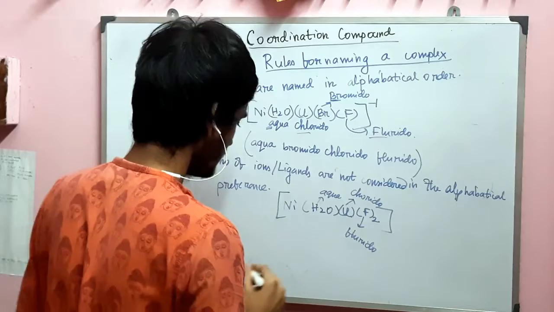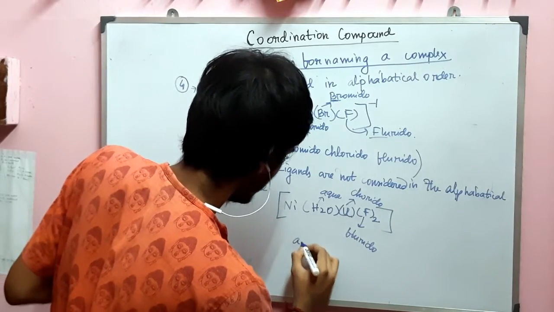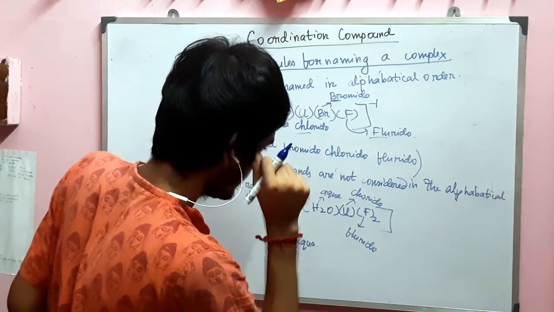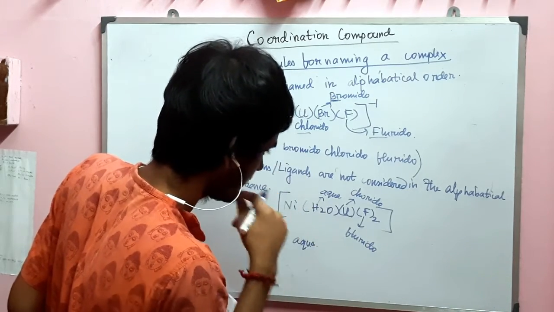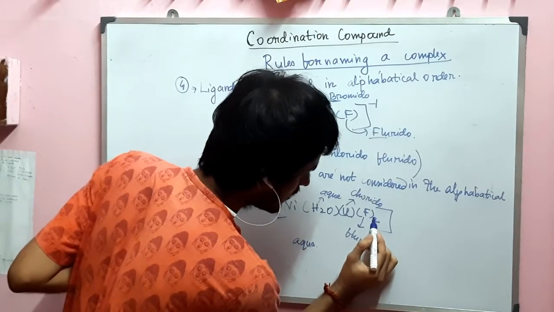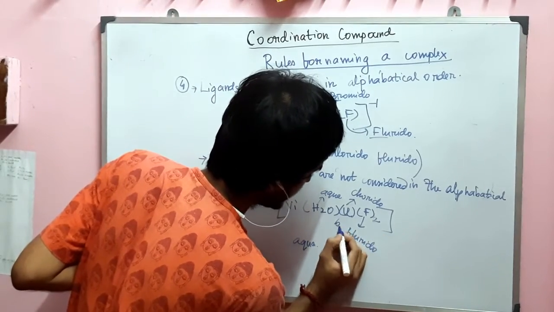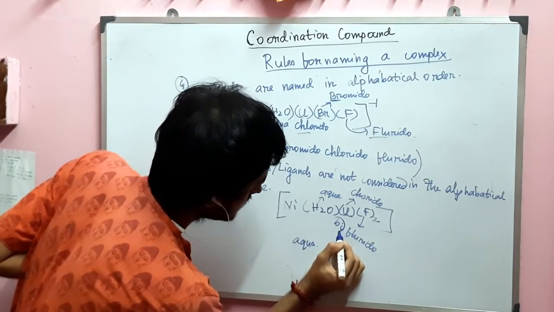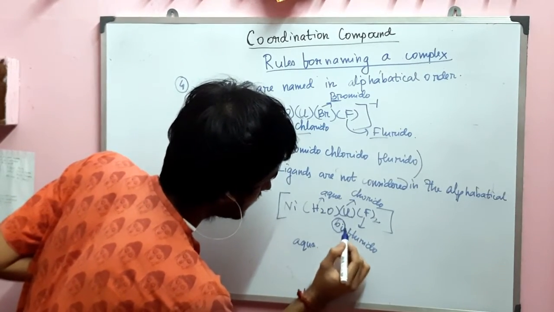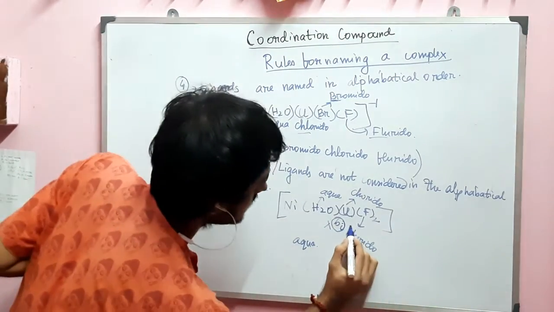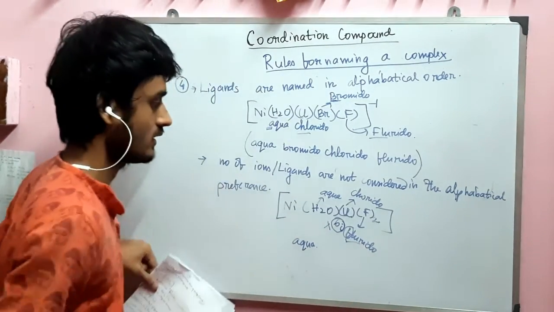While we name this, listen: first we will write aqua because A comes first. Two fluoride ions are there, so it is difluorido. But this di is not considered in the alphabetical order. F is considered in the alphabetical order.